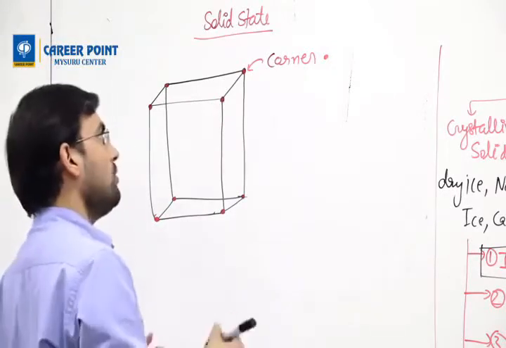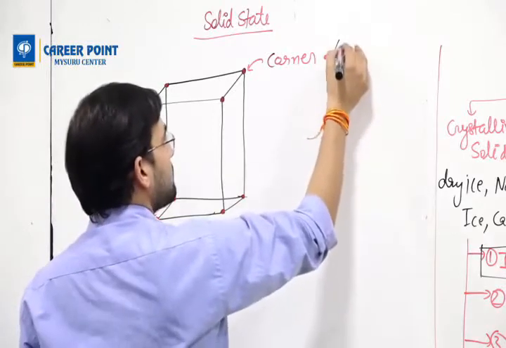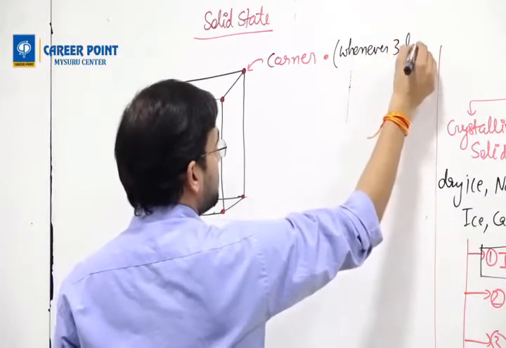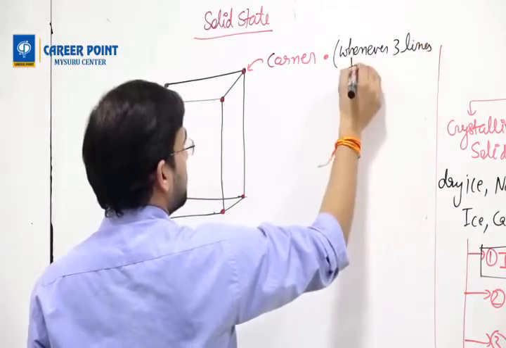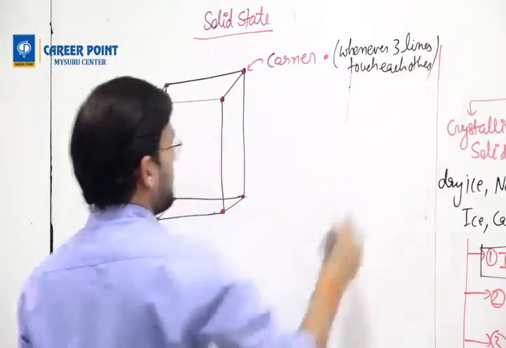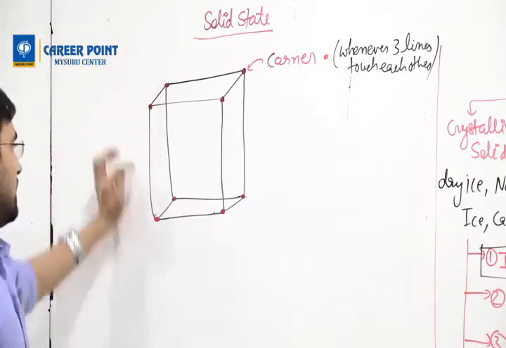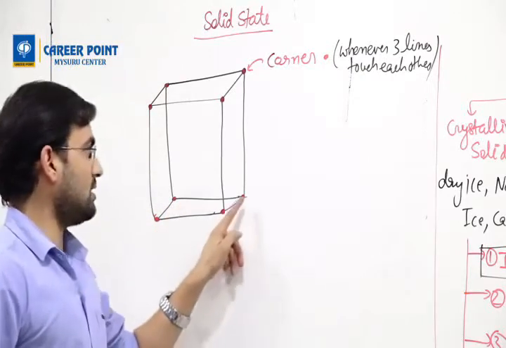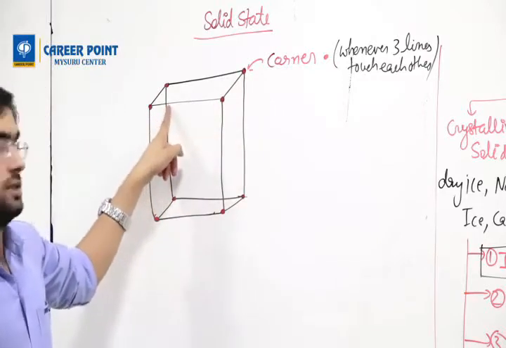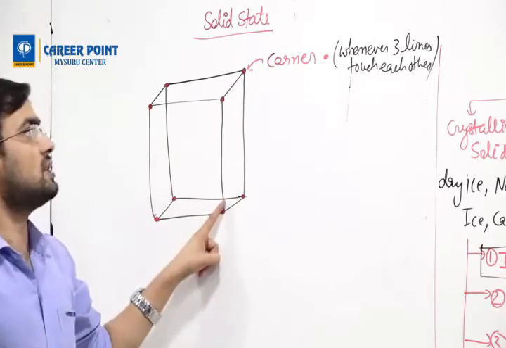How do I identify corners? If you are finding difficulty, whenever three lines touch each other, that is a corner. Three lines, three lines, three lines. This is not a corner because there are only two lines. This is not a corner because this is two lines.